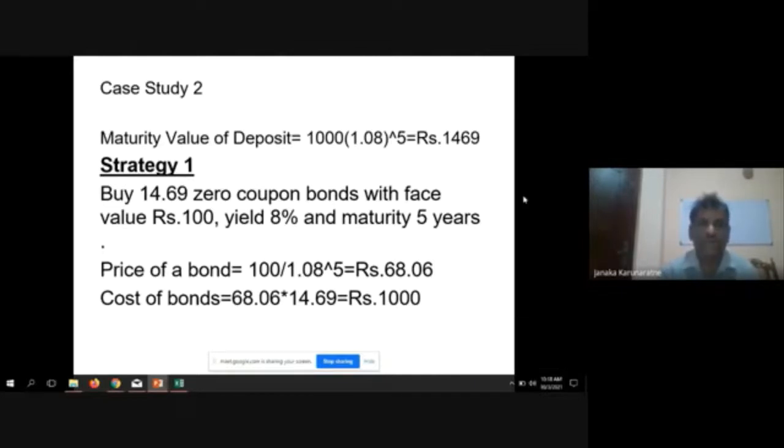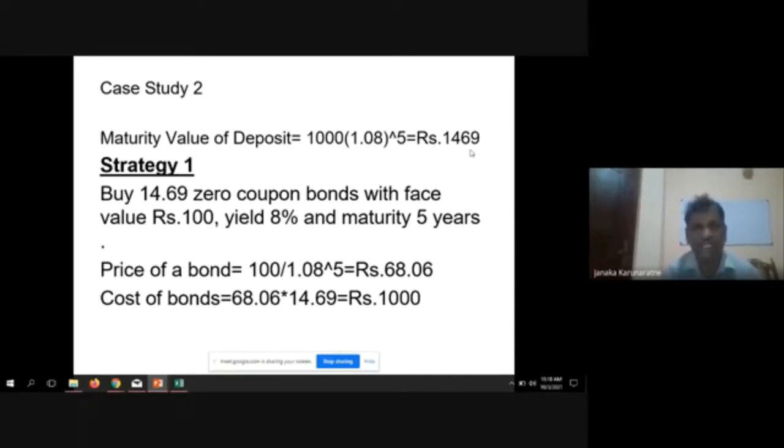When you raise a deposit of 1,000 at a compounded interest rate of 8%, first we have to calculate the maturity value of the deposit. The maturity value of the deposit is 1,000 into 1.08 to the power 5.